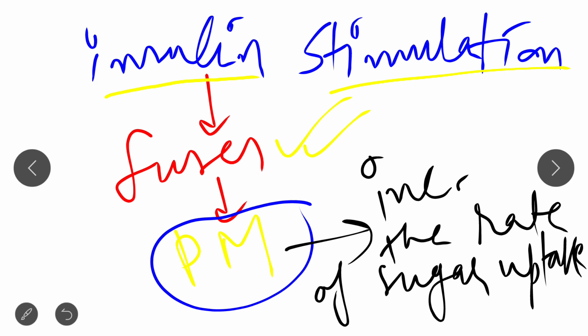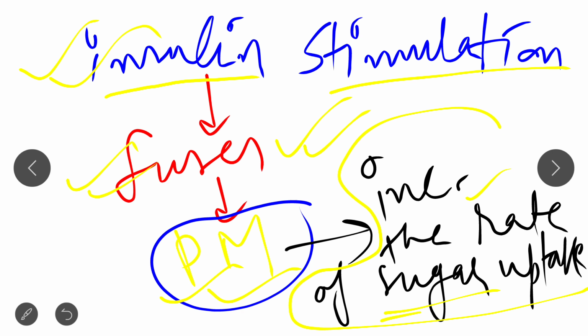Clear? So when insulin stimulates GLUT4, it fuses with the plasma membrane, and because of this it increases the rate of sugar uptake.